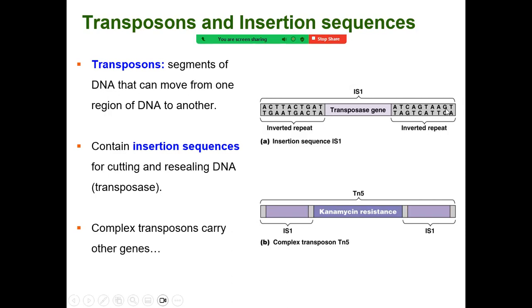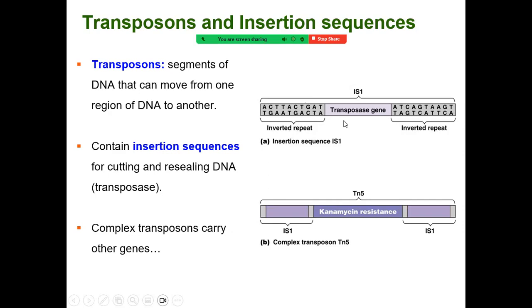And yes, a ligase enzyme has to connect this part of DNA to that part of the DNA. So that's a simple transposon, where all it has is the transposase gene and the insertion sequence, meaning the inverted repeats on the end.